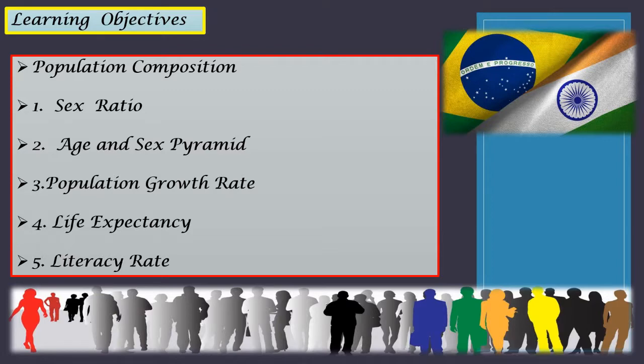So students, how can we keep track of all this data to make it easy to comprehend in future? So, with reference to both countries, that is Brazil and India, with the help of line graph and population pyramid, we are going to study sex ratio, age and sex pyramid, population growth rate, life expectancy and literacy rate.